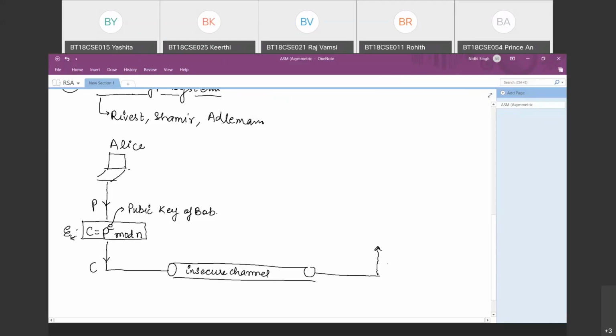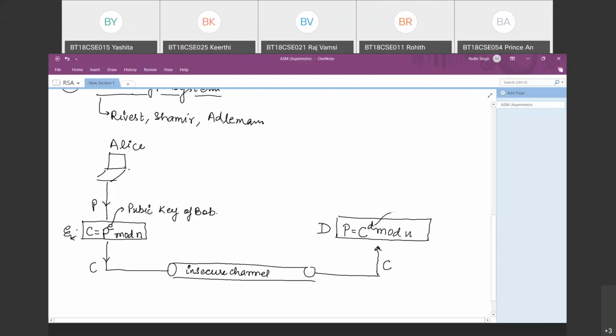Now the ciphertext is received by Bob, and Bob has to apply the decryption algorithm over it. So what is my decryption algorithm if the RSA crypto system is applied? The decryption algorithm says that the corresponding plain text can be generated by using the ciphertext that is coming from the insecure channel, as C to the power D mod n.